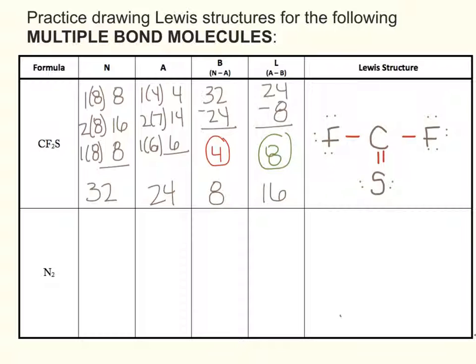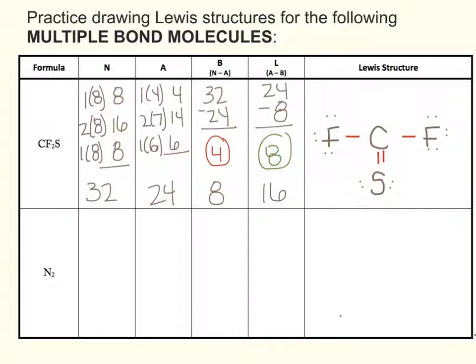We just need to verify that we have the number of lone pairs that we calculated, and then do a final check that each atom present in the molecule has the needed number of electrons for stability.